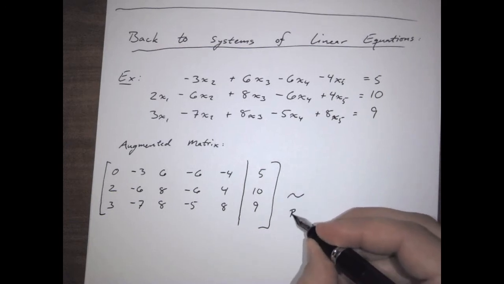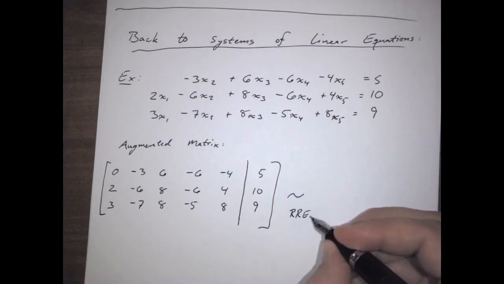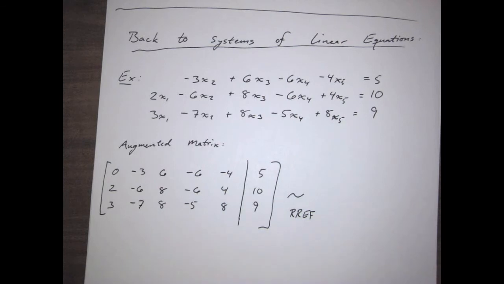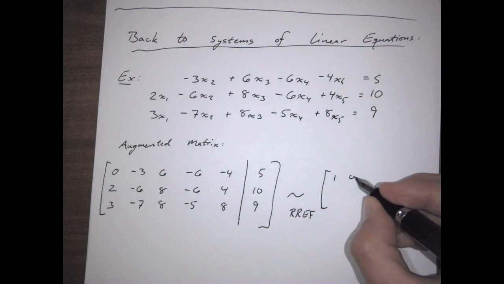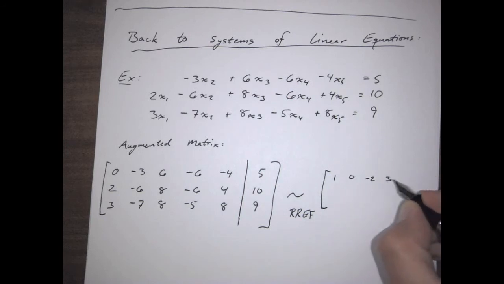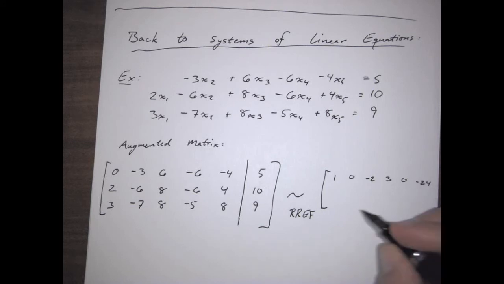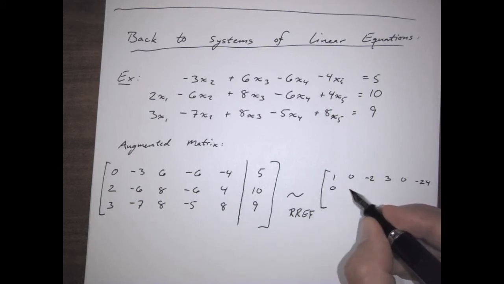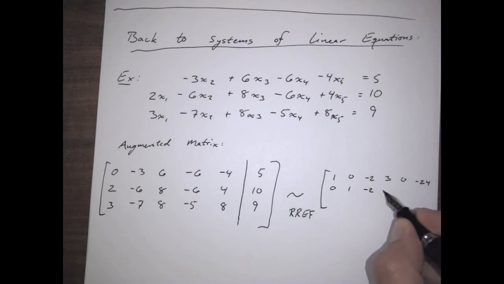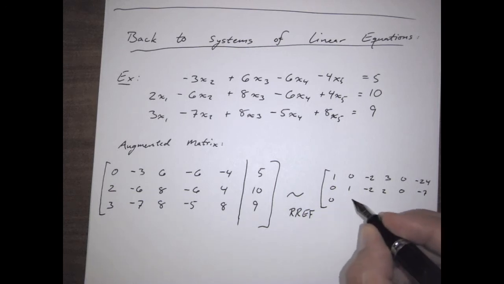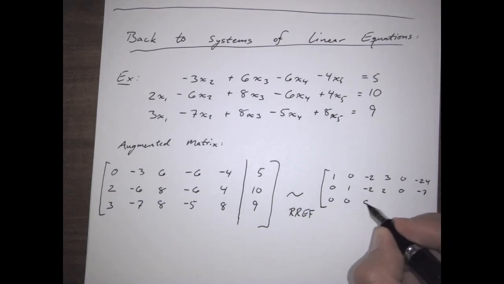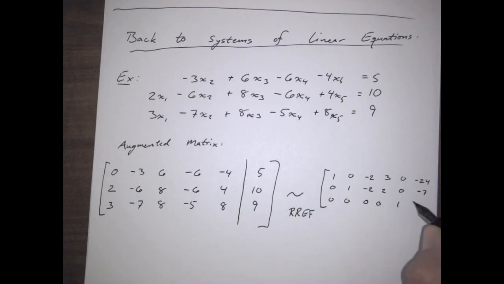Now, here's how we can say the result of what we just did. The RREF version of this is equal to what we just found: 1, 0, -2, 3, 0, -24, 0, 1, -2, 2, 0, -7, 0, 0, 0, 0, 1, 4.